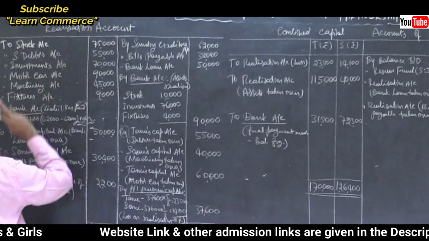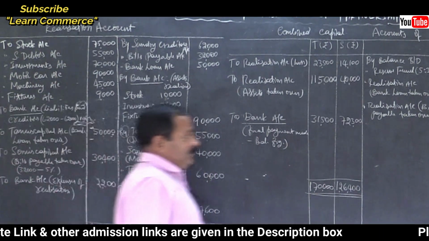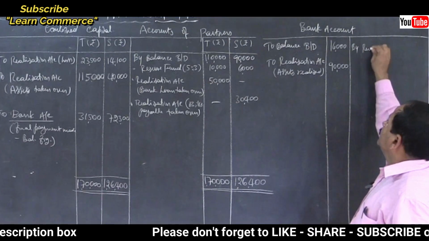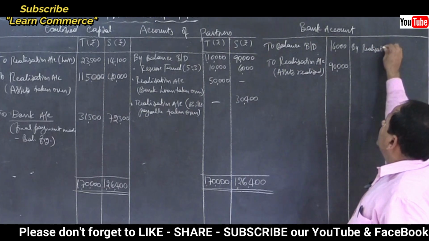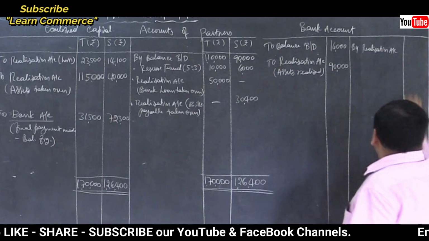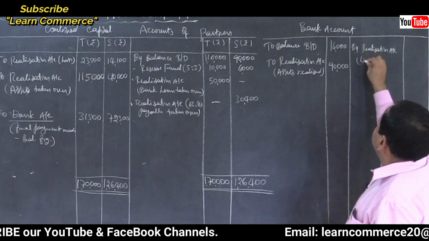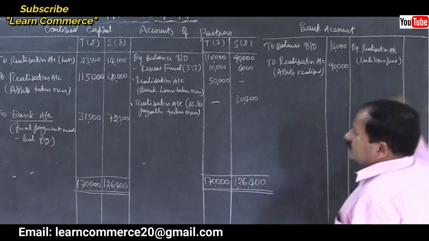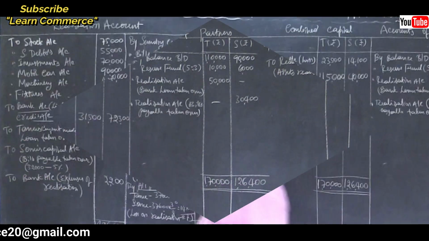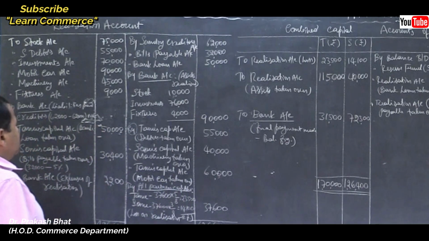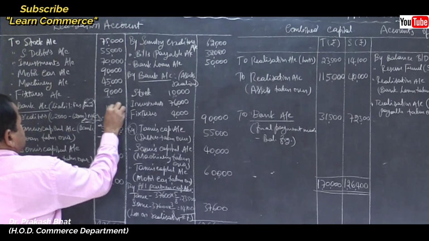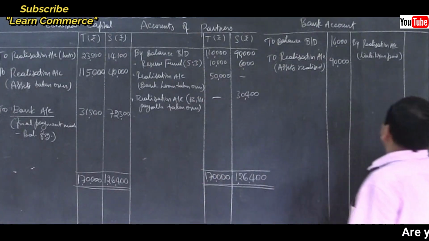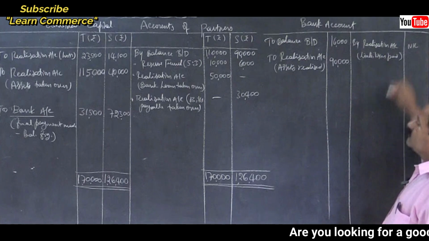This side realization account to bank account, liabilities paid. Liabilities paid. How much is paid? That is nil. That is creditors. So right here, realization account, liabilities paid, nil.